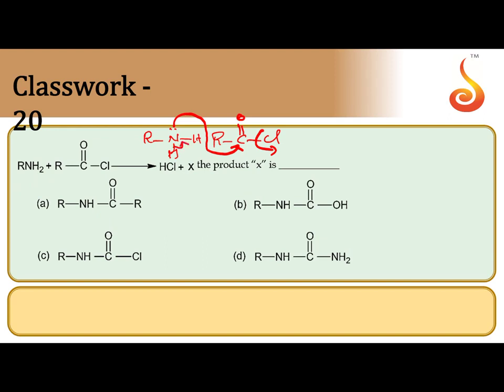That Cl minus can take H plus from N. So we get RCO-NH with R attached. This is nothing but an amide. The CONH bond is there, amide, but with an alkyl substituent. So N-alkyl alkanamide. The correct answer is A.